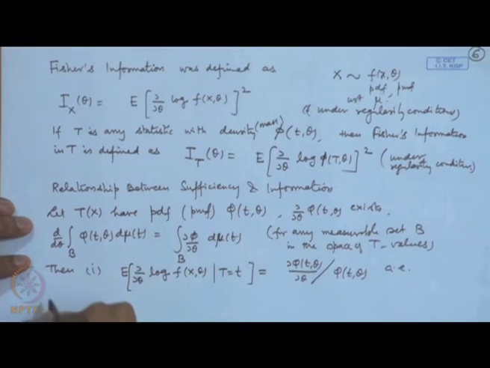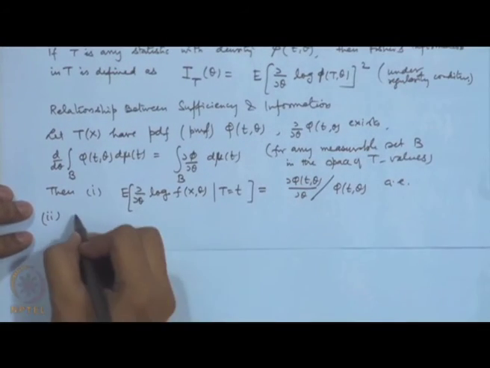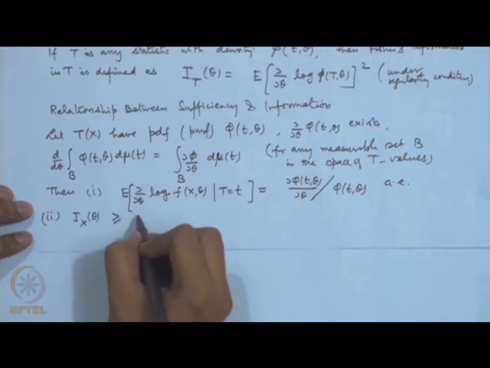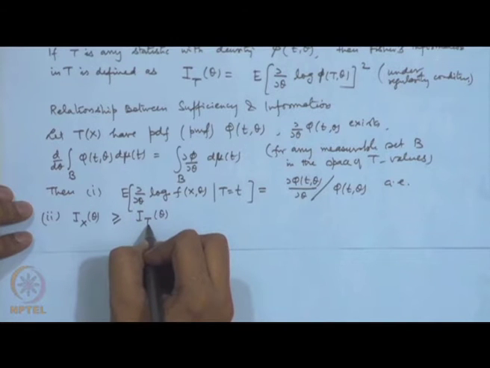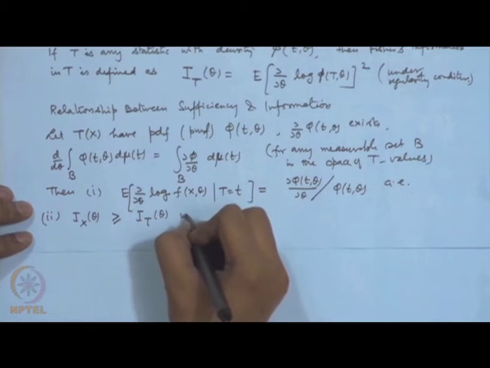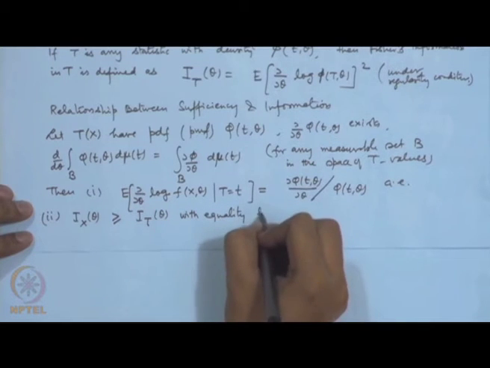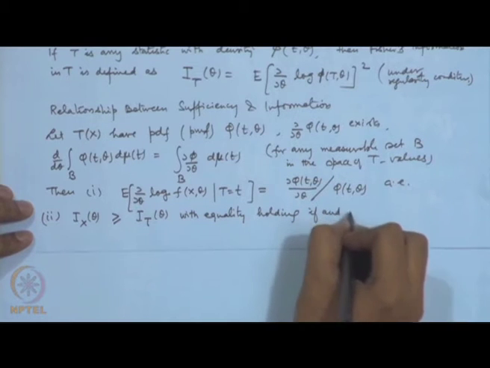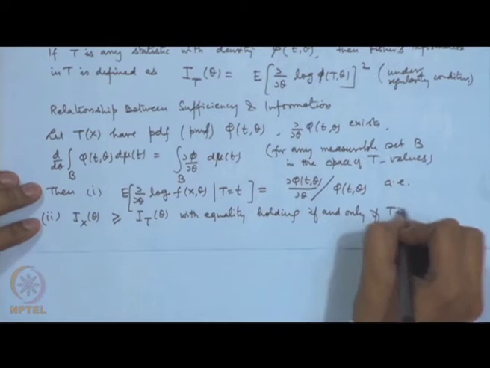Secondly, the information in X is always greater than or equal to the information in any statistic T, with equality holding if and only if T is sufficient.